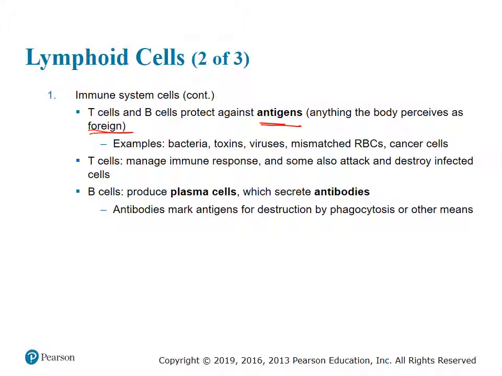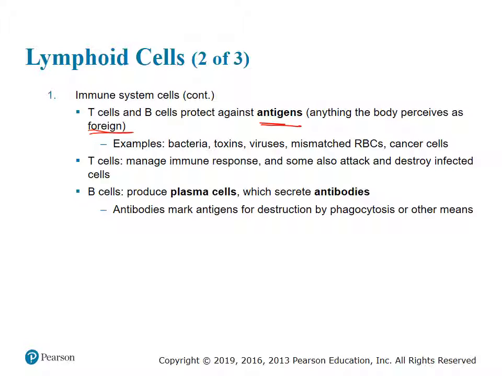Those little microorganisms like bacteria or viruses or toxins that sometimes bacteria secrete, or red blood cells and their receptors on the surface. We call those antigens, right? Remember that whole thing? Cancer cells can be read as antigens. Regular plain Jane chemicals can sometimes be read as an antigen, a foreign thing.